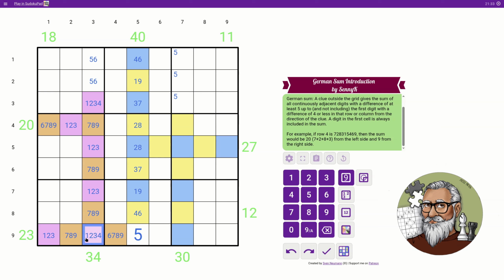Oh, this one can't be 4 anymore. Ah, that's interesting. I get a second digit. Hey, a second digit. Well, 3 of them. That's nice. One of these is 7 now, so this one isn't 3. That helps.